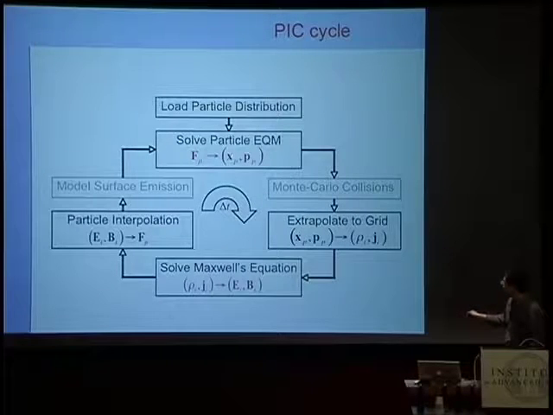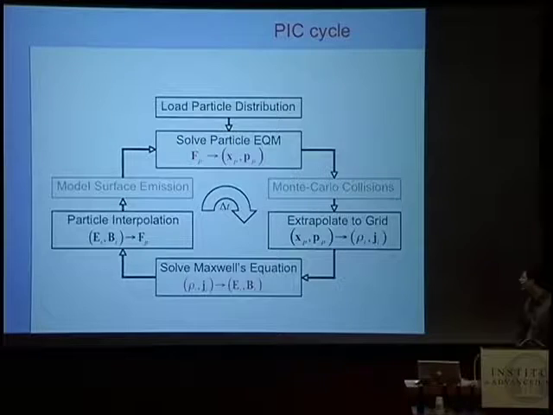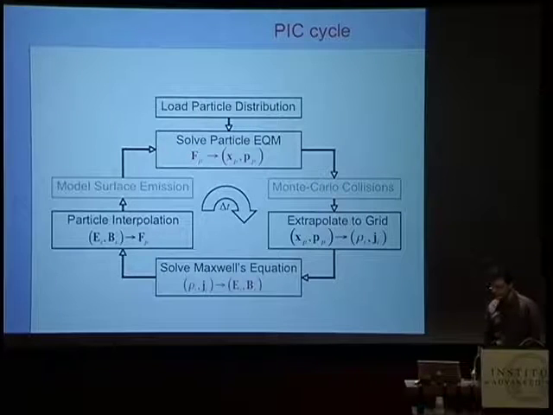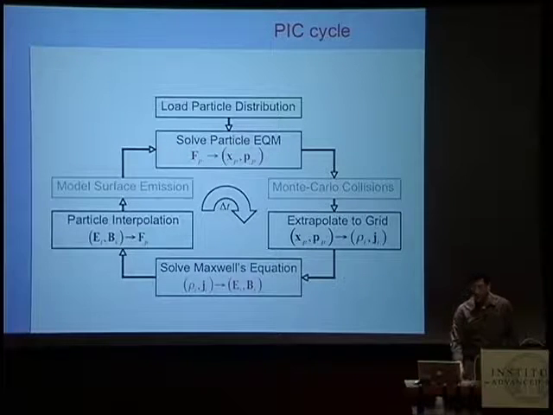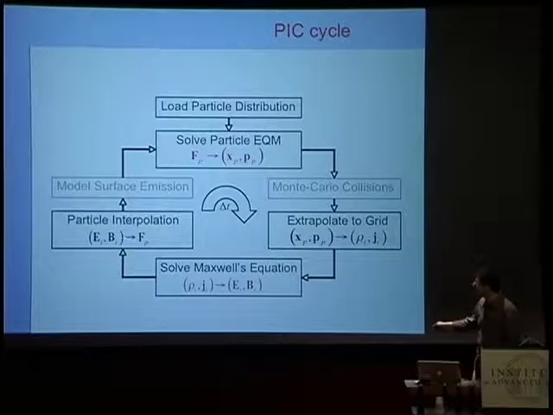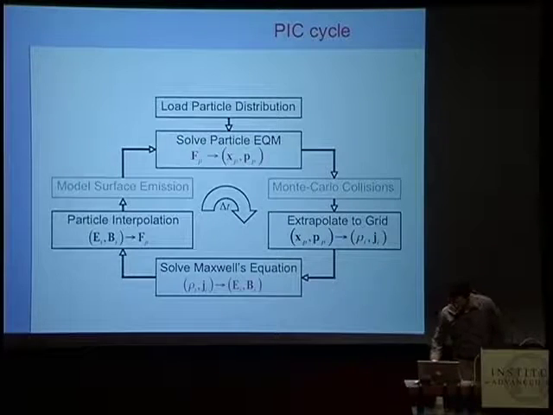Then, given positions and momenta of particles, we can infer their charges and currents, and we discretize those charges and currents on a grid, and then use fairly standard methods for solving Maxwell's equations. These come from electrical engineering. The finite difference time domain method is very successful in solving Maxwell's equations, and you basically convert from the charge density and current to electric and magnetic fields, and then interpolate them to particle locations. You get your force, and you continue the loop.